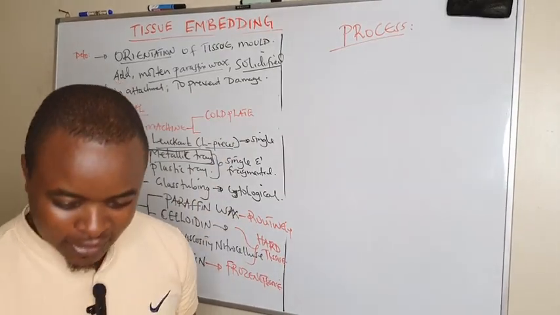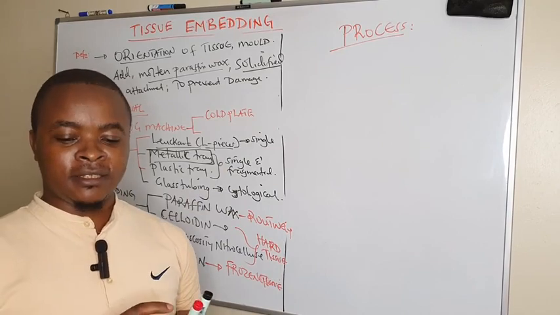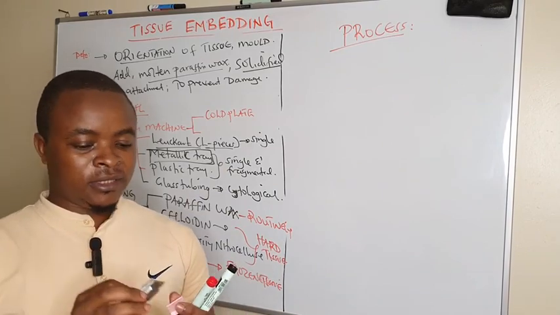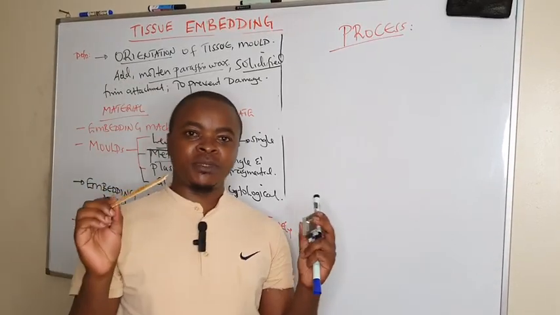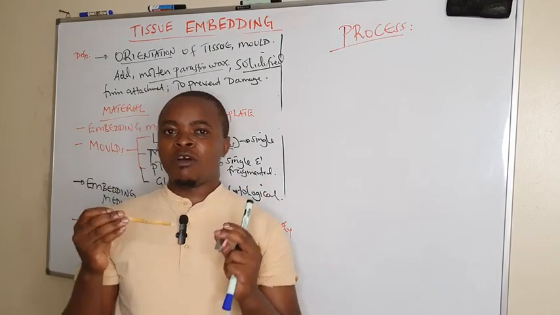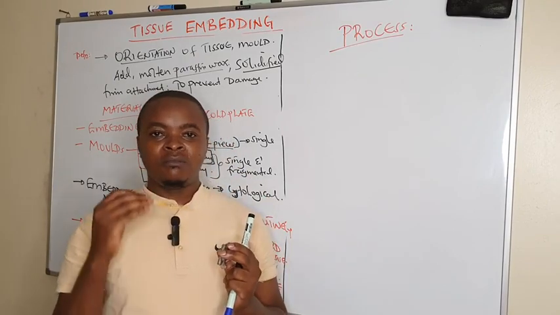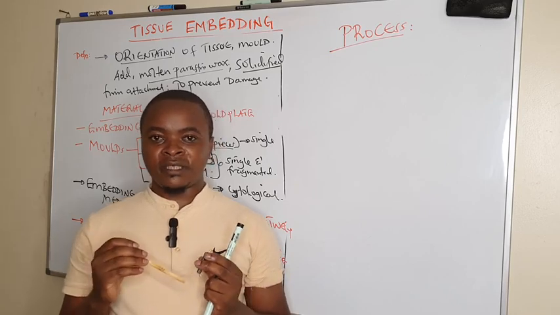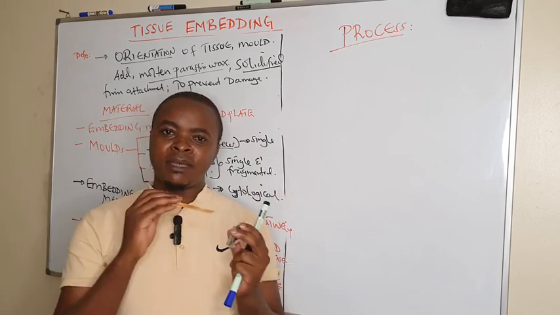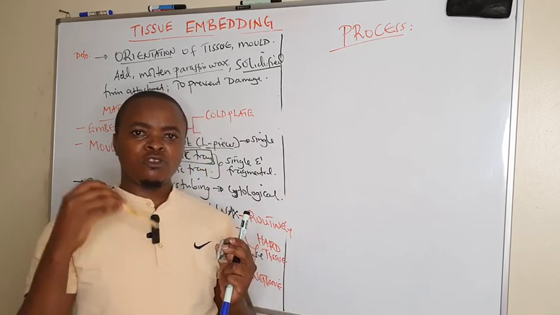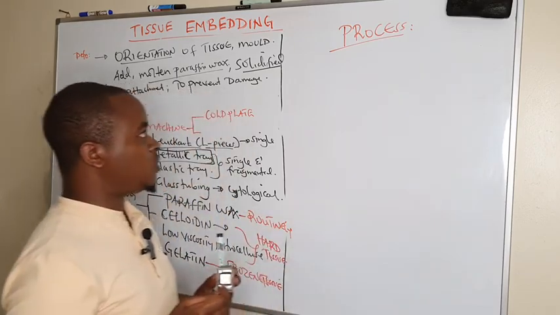The tissue cassette with the tissue inside, together with the mold and the forceps, must be pre-warmed or kept at temperatures between 56 to 70 degrees, so they must be kept warm. Before using them, they must be cleaned well to prevent cross-contamination.